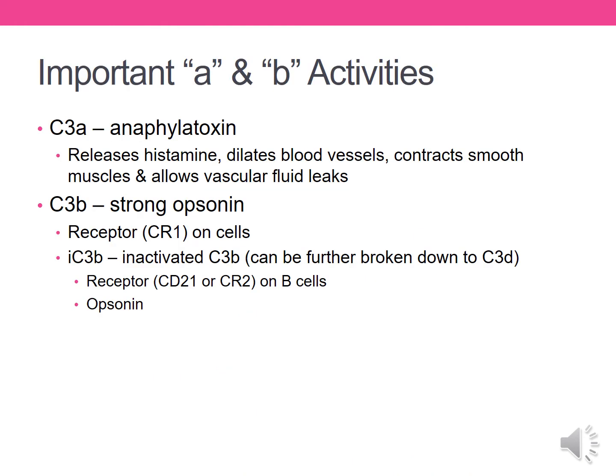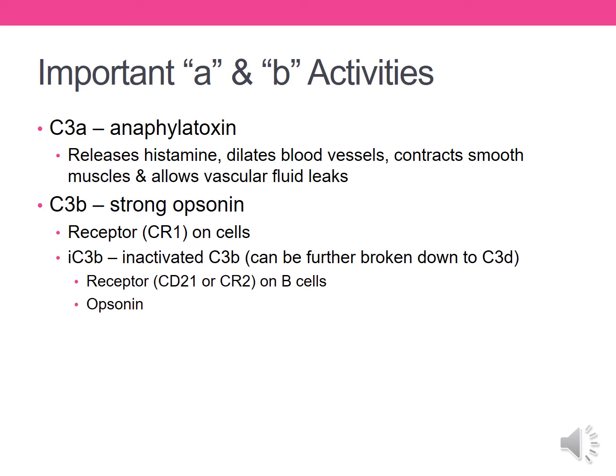So let's take this moment to talk about the A and B properties. When we cleave a complement component, we have, for instance, in this example, C3a and C3b. C3a, we consider to be an anaphylotoxin. Once C3 is cleaved, C3a now has specific duties that it can do.